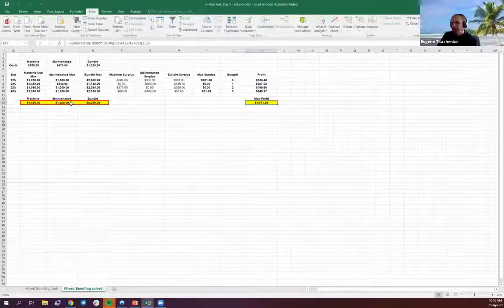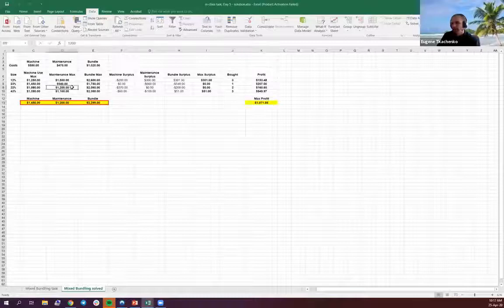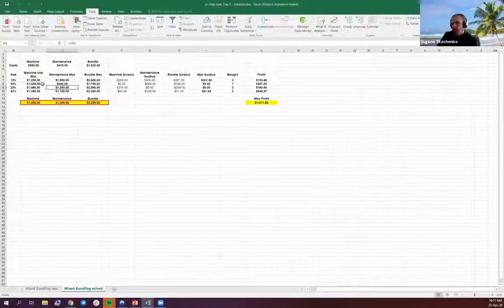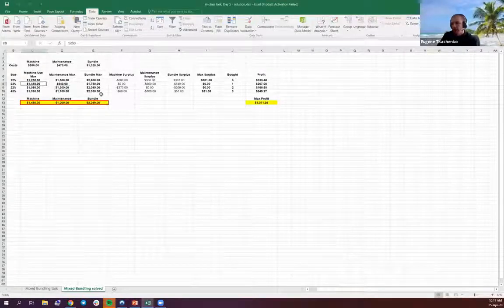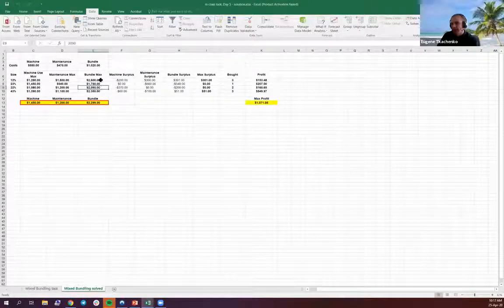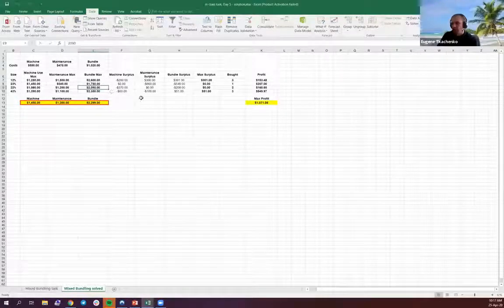The maintenance fee is the highest possible to be chosen. The machine price is also the highest, and the bundle price is slightly above the bundle max, because I didn't use bundle max as the maximum price for this particular segment.